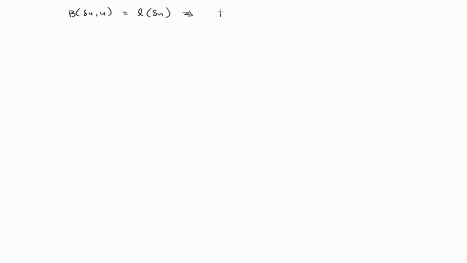Of course, that's also B(del u, u) minus L(del u) equals 0. And by what we just established with respect to the bilinear, we can also rewrite that as 1/2 del B(u, u) minus del L(u).